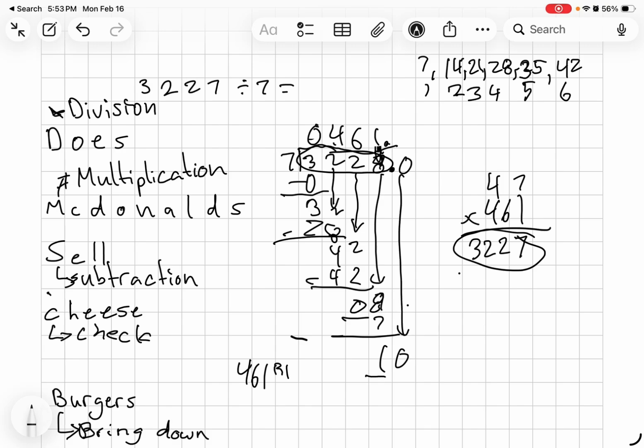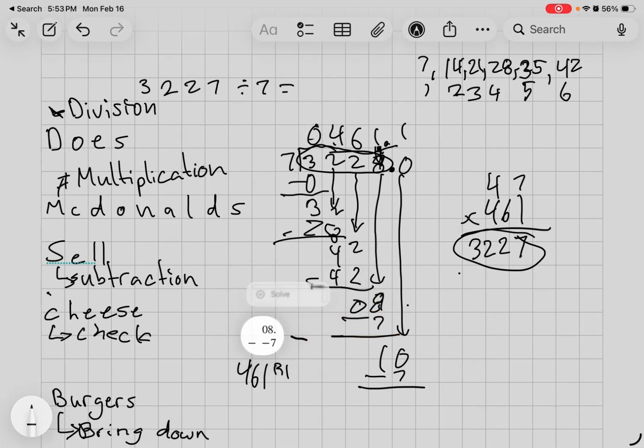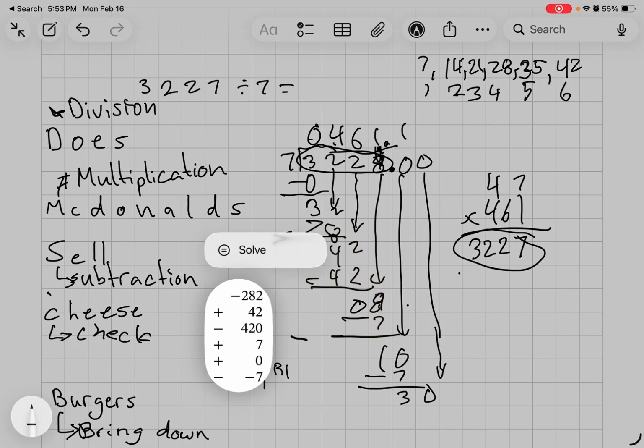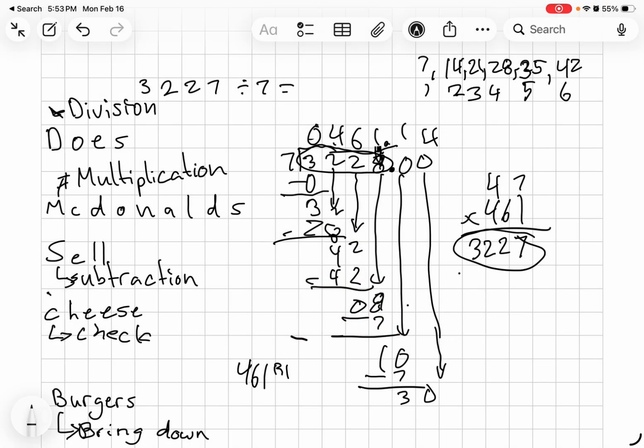And we still have to do 1, so 10 minus 7. We're going to get 3. And now, adding another 0 also won't do anything. So if we bring that 0 down all the way, we got 30. Now, 4 is the best we can get. So 28.